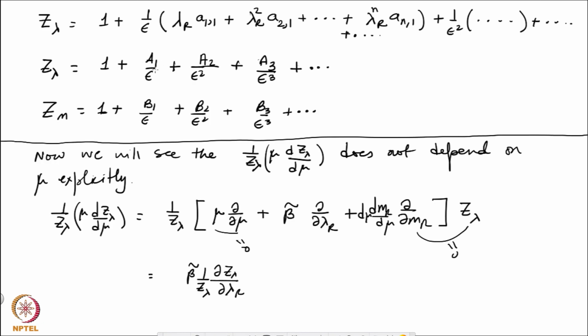But the result is going to depend only on 1 over epsilon. The coefficients of only 1 over epsilon will contribute, meaning if you do a calculation at 1 loop, 2 loop, 3 loop, and so forth, what is relevant for the beta function is just the coefficient of simple pole terms from 1 loop, from 2 loop, from 3 loop, etc. You will not be including these kind of terms. That's what I'm going to show you now.